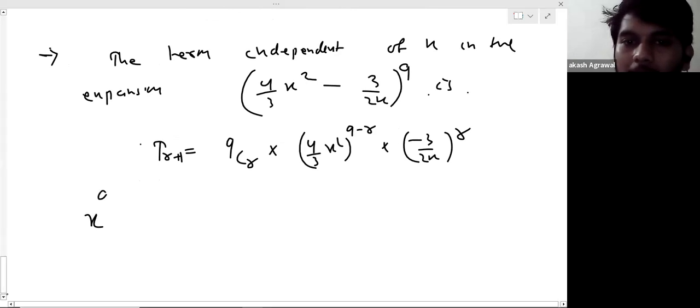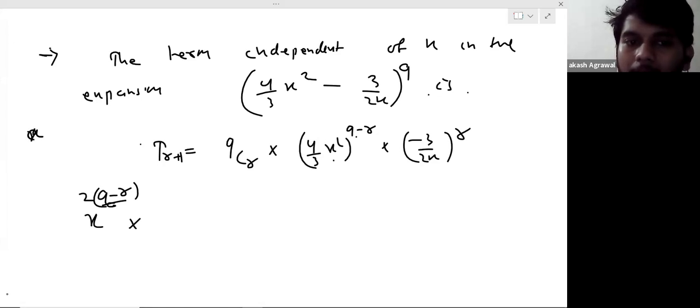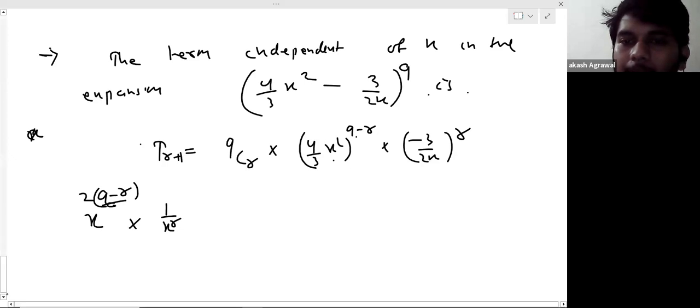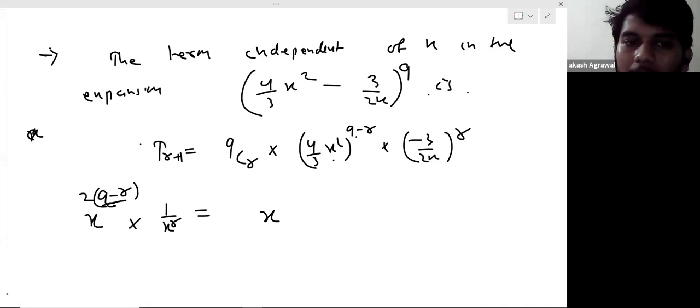So x to the power (9 minus r) into 2, and here we have 1 upon x to the power r. So this is x to the power 18 minus 2r minus r.